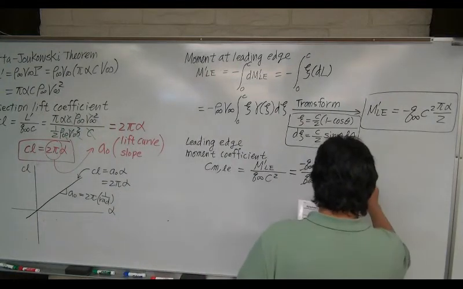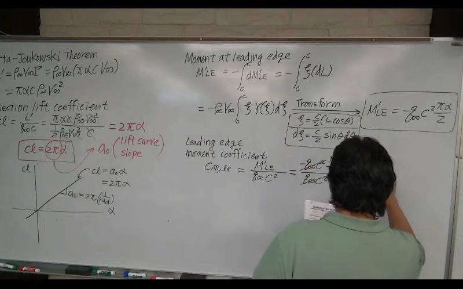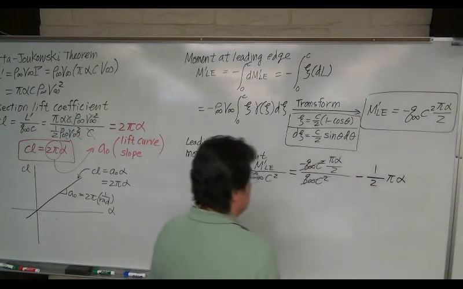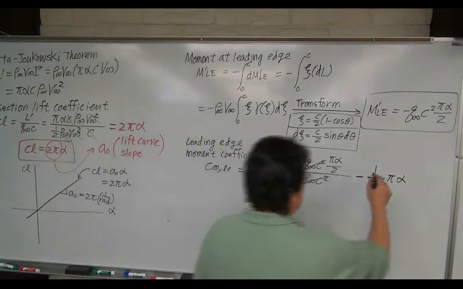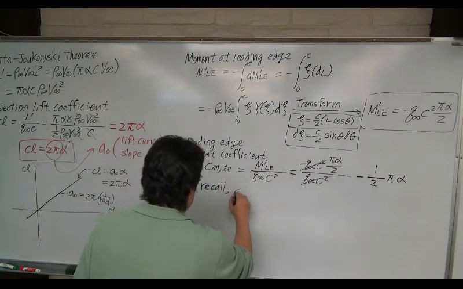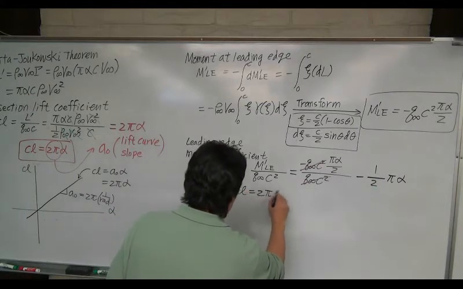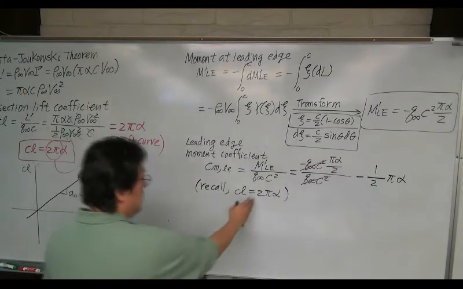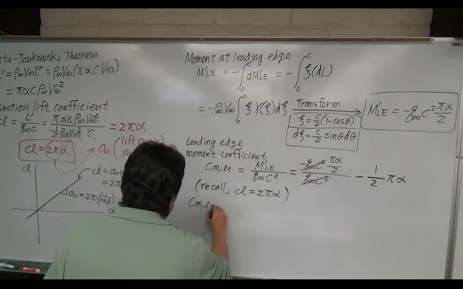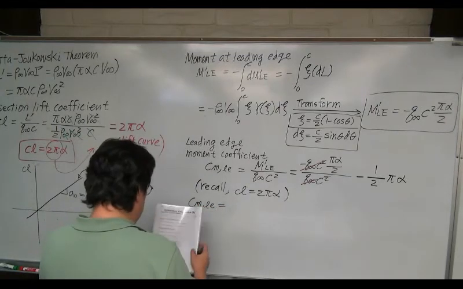This is going to be minus 1/2 pi alpha. Wait a minute. Remember, CL is 2 pi alpha, isn't it? So let's plug in this. Cm leading edge is equal to, what is it?